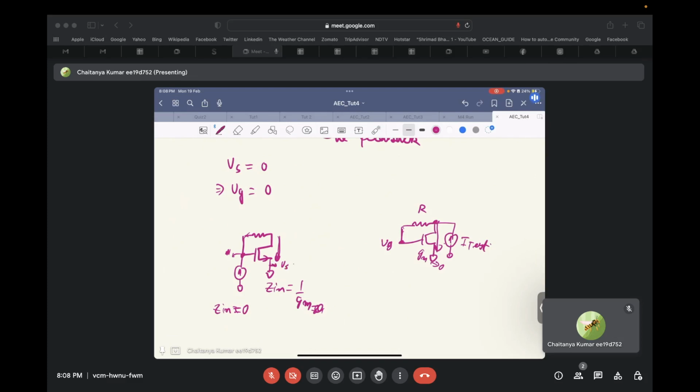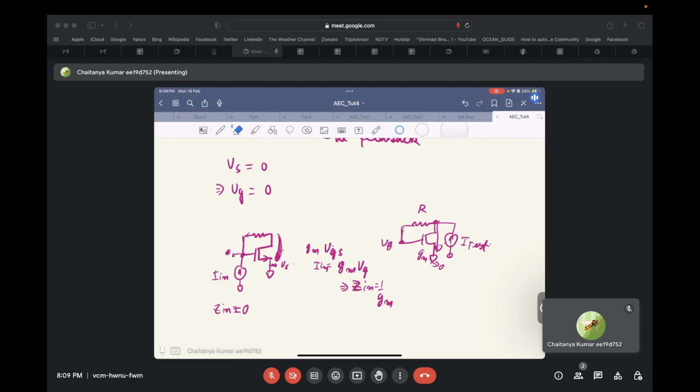The transistor's current we know is Gm times VGS. S is 0, so it is basically Gm times VG, which is equal to I_in, and hence our Zin is equal to 1 by Gm. So this is how we get the input impedance.